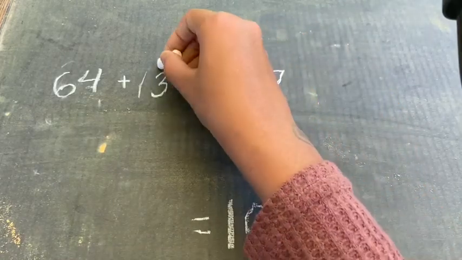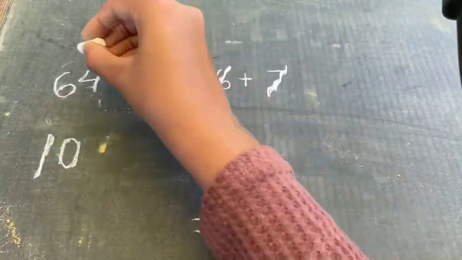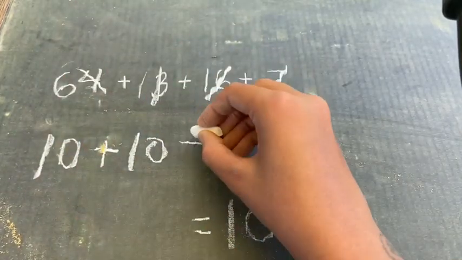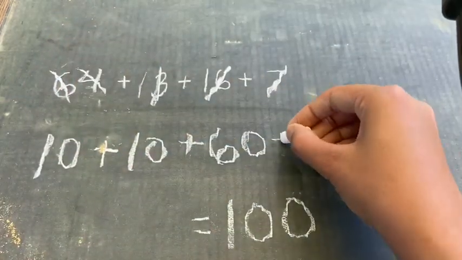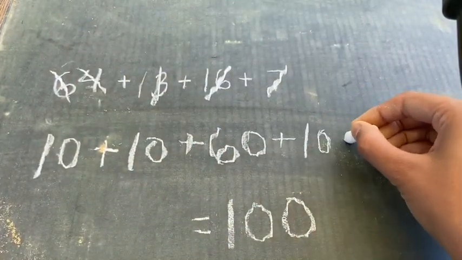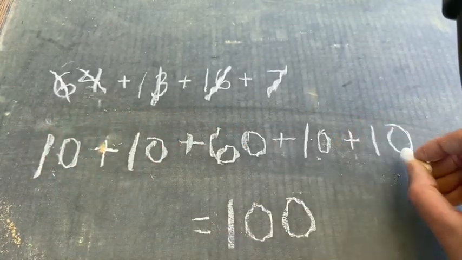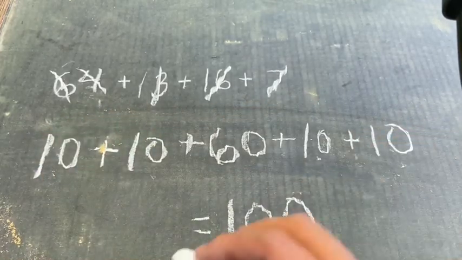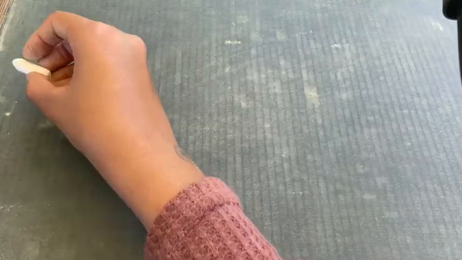So we could say we took a 3 and a 7 to make a 10. We took a 6 and a 4 to make a 10. We had 6 tens from 64. We have 10 from 13 and 10 from 16. 10, 20, 30, 40 from the 10s. Plus 60 by itself is 100. So it all checks out.